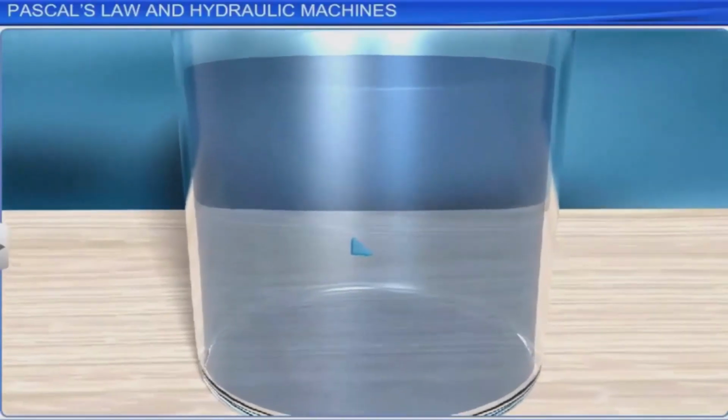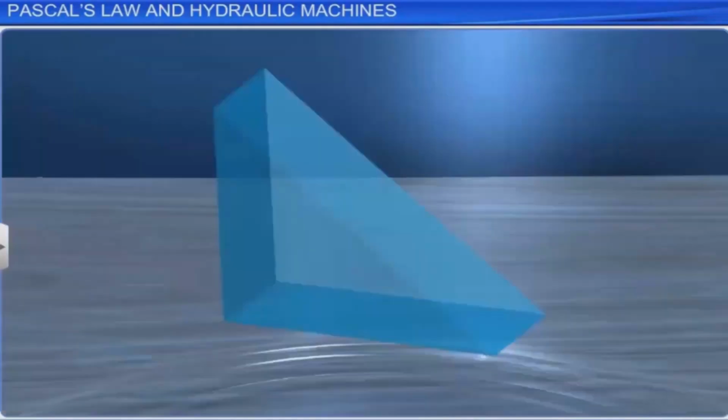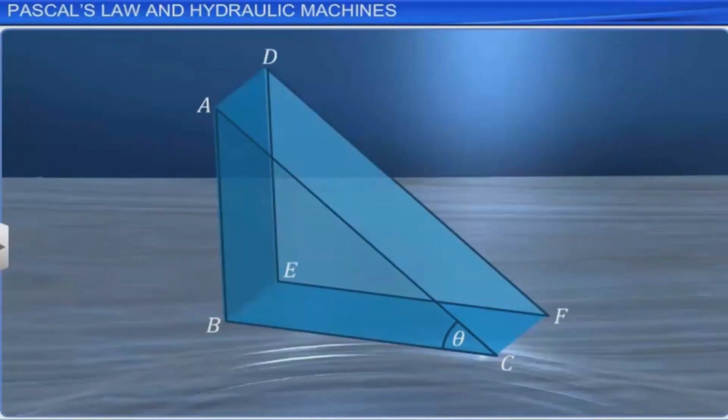Consider a very small element of fluid in the form of a right-angled prism, ABC, DEF, inside a fluid at rest. As the element is very small, every part of it is considered at the same depth, and hence the effect of gravity is the same at all points of the fluid element.